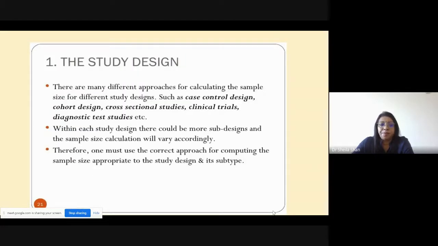As we know, we have different study designs, so there are many different approaches: case control design, cohort design, cross-sectional studies, clinical trials, diagnostic test studies, and so on. I already explained design in the earlier lecture. Within each study design, there could be more sub-designs, and the sample calculation can vary accordingly.